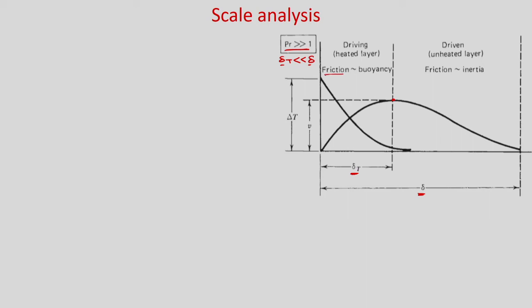Because it is near the solid wall, the viscous effect will be there and will be comparable to the buoyancy force. But in the unheated layer, obviously buoyancy will be absent, because there is no temperature difference outside this thermal boundary layer. So, your buoyancy force will be absent and your viscous force will be comparable with the inertia force.